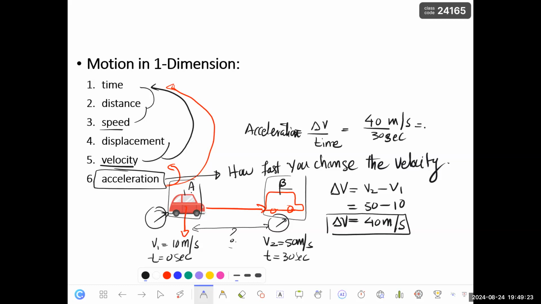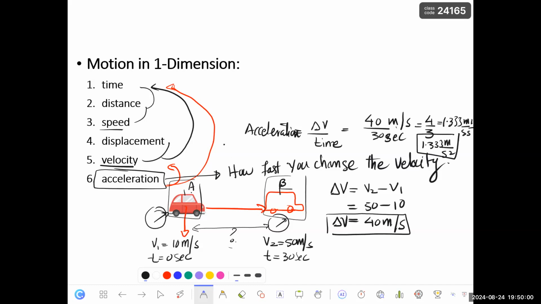So if you divide 40 over 30, it's going to be 1.3, something like that. Now, pay attention to the unit. The unit will be meter per second divided by second. So really it's going to be 1.333 meters per second squared. So that is acceleration. I hope you understand all these terminologies.